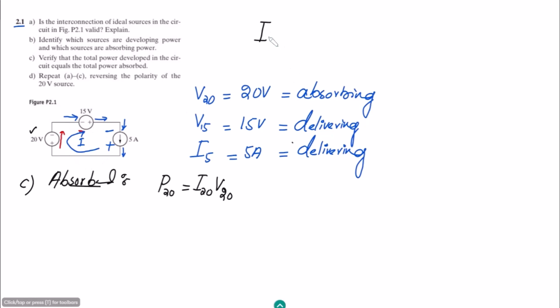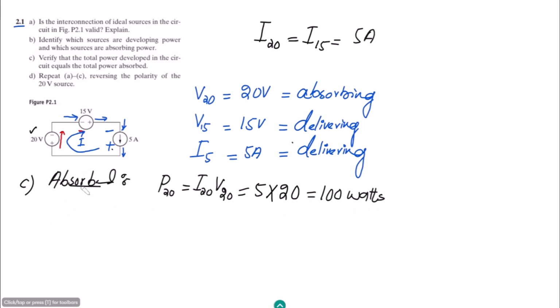We should keep in mind that this is a series circuit, so I20 is equal to I15, which is equal to 5 amperes as given in this branch. So the current through all of this is the same, therefore I20 is 5. And V20, which is already given here, is 20 volts, so therefore it is 100 watts.